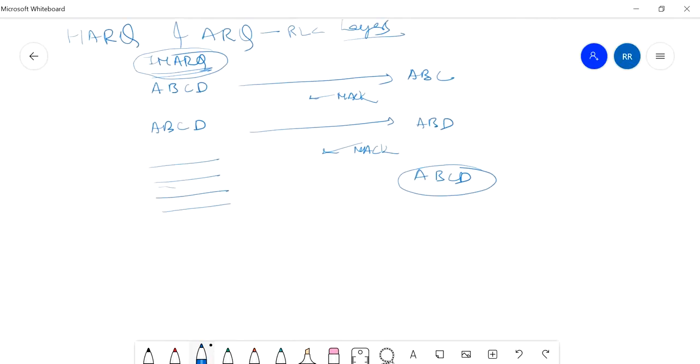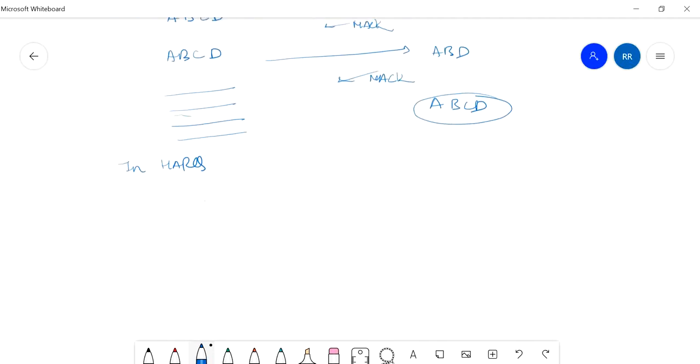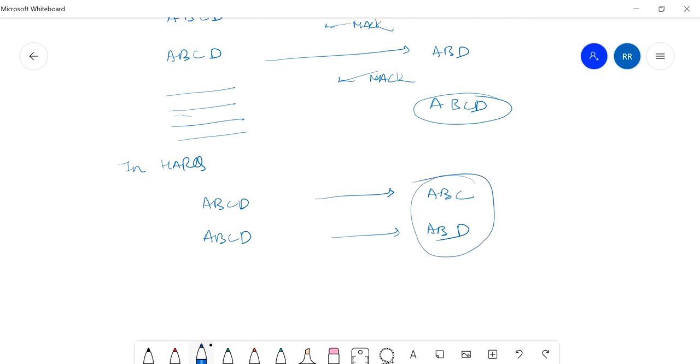But in HARQ, suppose we transmit ABCD and we get ABC, and then we transmit ABCD again and we get ABD, then by combining these two it will make ABCD.